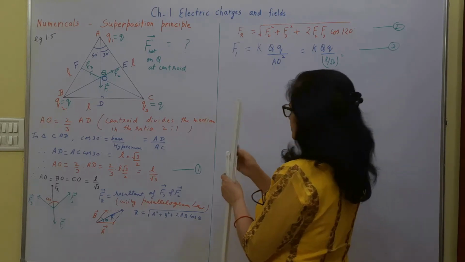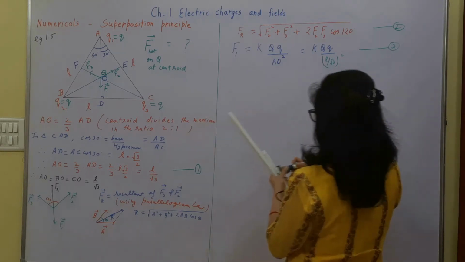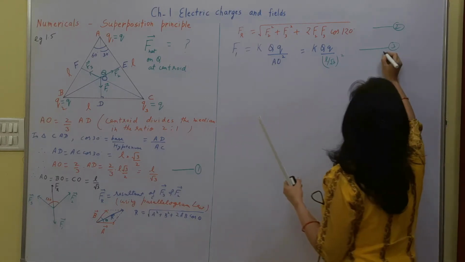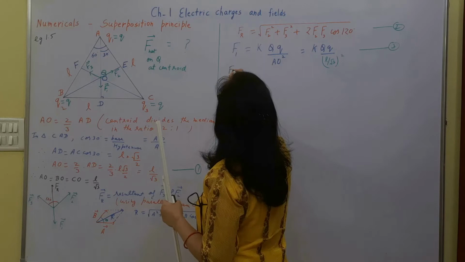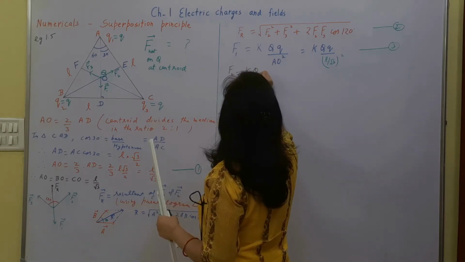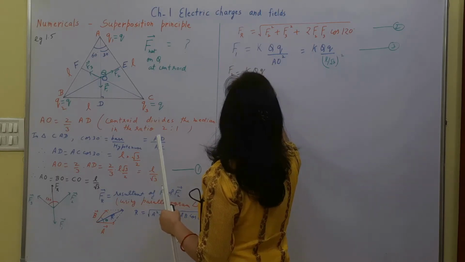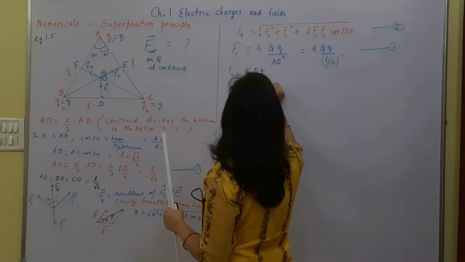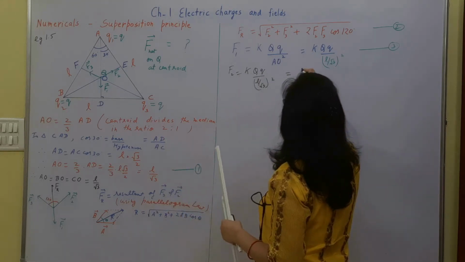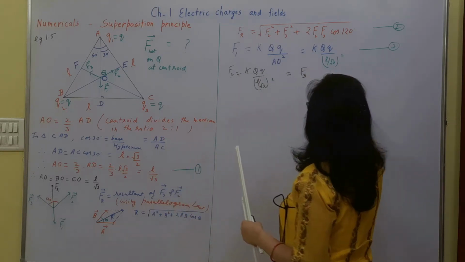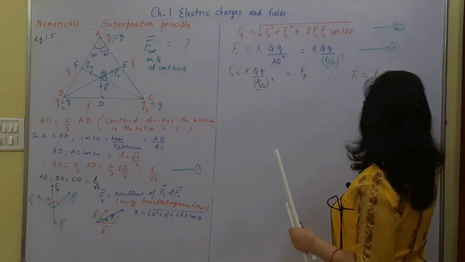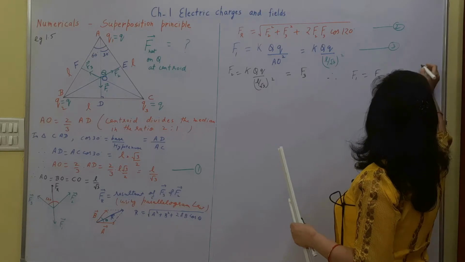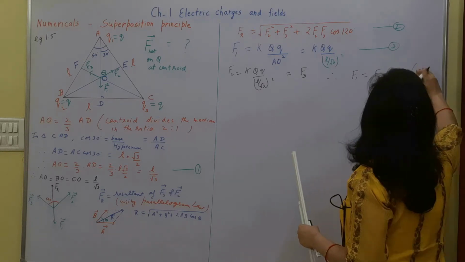And this value will be same as, we'll write separately first, F2 is also equal to K q upon L by root 3 whole square, and this will also be same as F3. So therefore F1 is equal to F2 is equal to F3, the magnitudes I'm talking about.